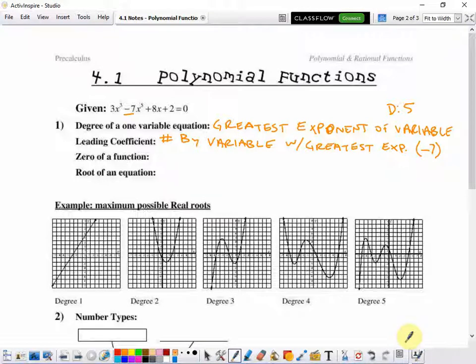A zero of a function and a root of an equation. We're going to lump these two together because they're basically the same thing. It's two terms for one thing. What those really mean are the solutions of a function when it's set equal to 0.